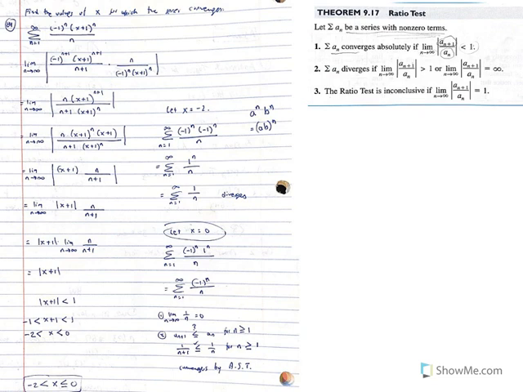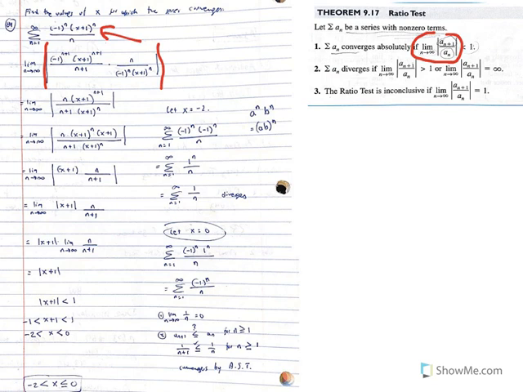So we begin number 89 by setting up this limit from the ratio test. The nth term of our power series for number 89 is (-1)^n times (x plus 1)^n divided by n. So we need to take the limit as n goes to infinity of the absolute value of the quotient of the n plus 1th and the nth terms.